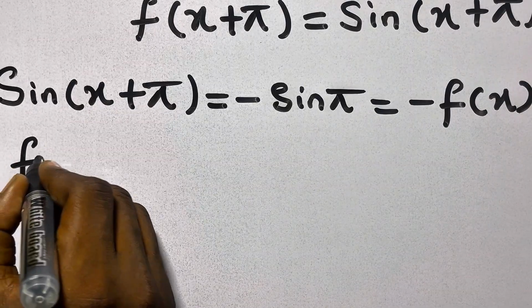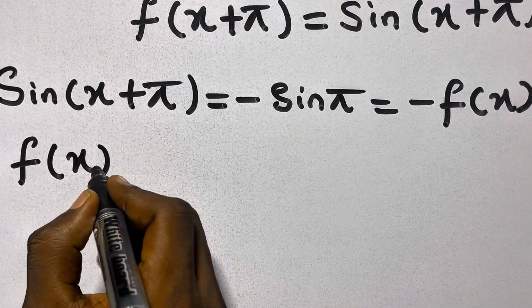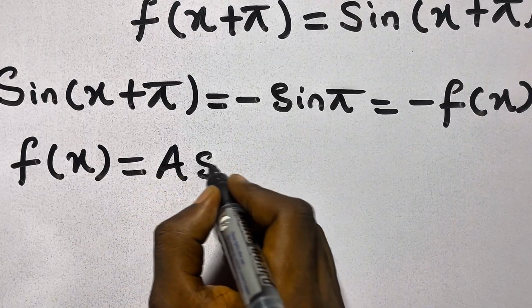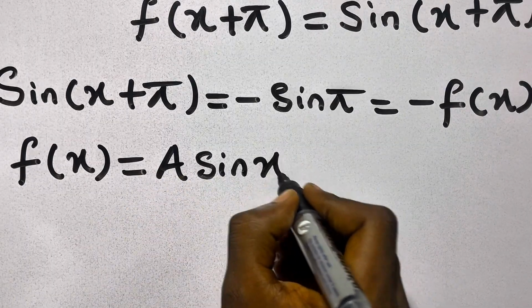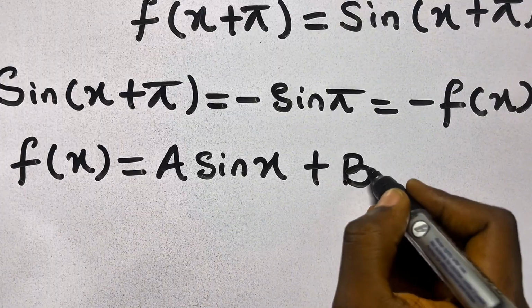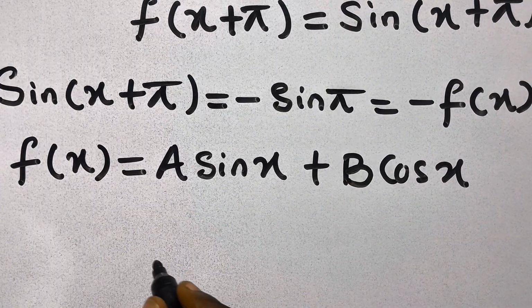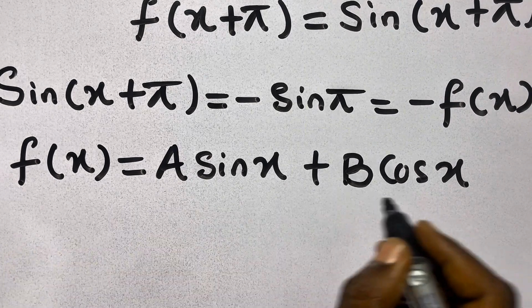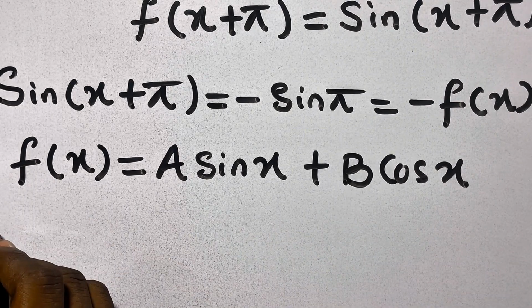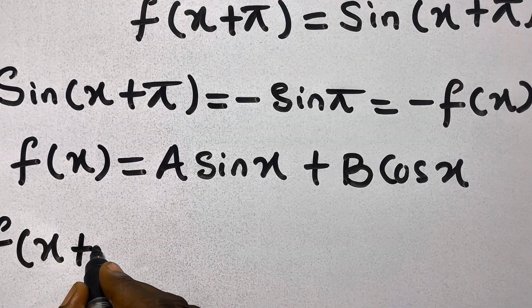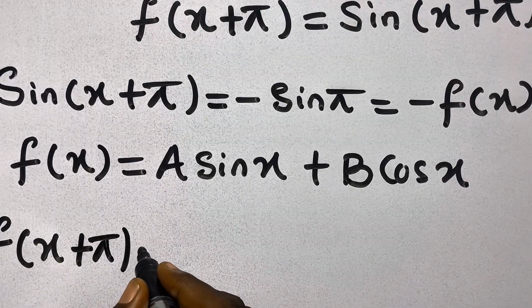Then here we can just have f of x equals a sine x plus b cos x as this expression. If you have something like this, we have f of x plus pi, right?